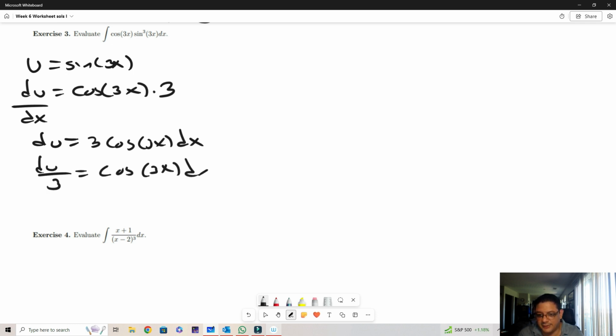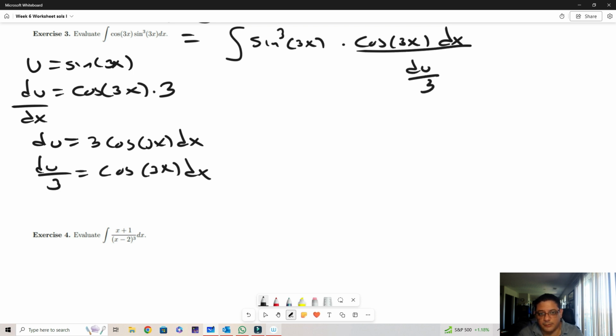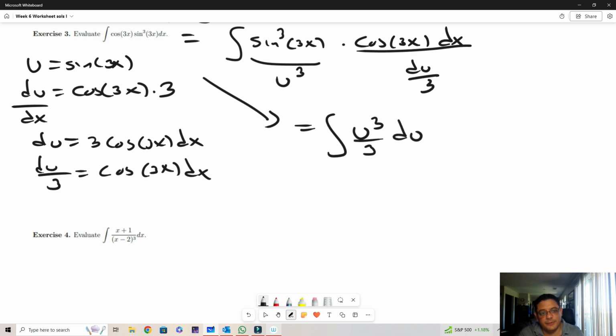And so this integral here can be seen as sine cubed of 3x times cosine of 3x dx. Then you can see that cosine of 3x dx is replaceable by du over 3, and sine cubed is replaceable by u cubed. So this means that this is the integral of u cubed over 3 du.